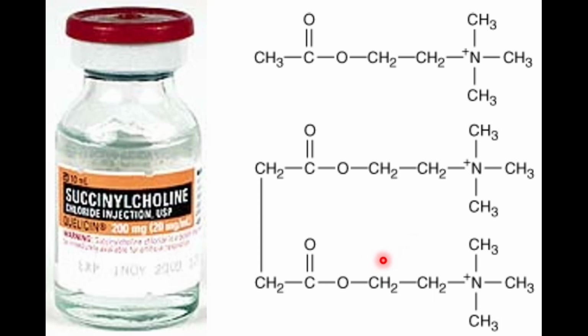Unlike acetylcholine, succinylcholine has no effect on ganglia or muscarinic receptor. Secondly, succinylcholine is no longer hydrolyzed by the synaptic enzyme acetylcholinesterase, and therefore it has longer duration of action in comparison with acetylcholine.